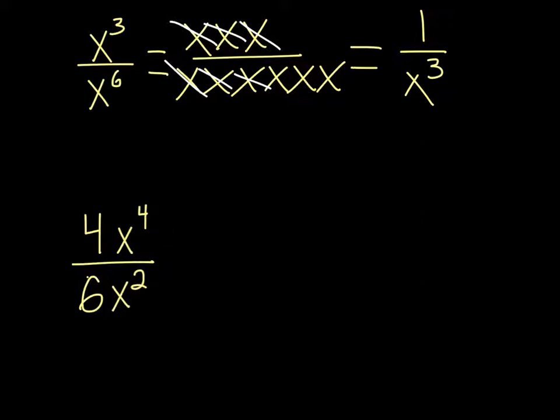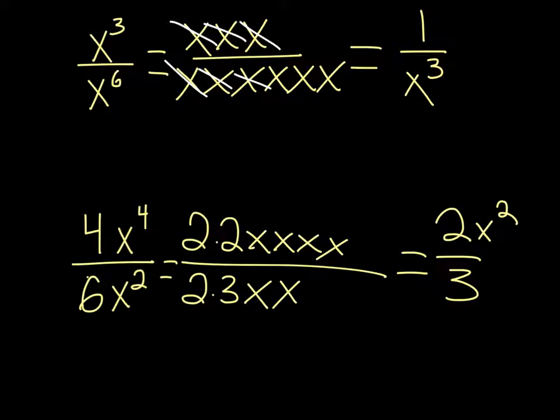In this second example, we have 4 over 6. We know that that simplifies to 2/3. We also have x to the 4th over x squared. That means that I have 4 x's in the numerator and 2 in the denominator. So when I subtract, I'll end up with 2 x's, and those 2 will be left in the numerator. If I wanted to see the why, I would do this out.